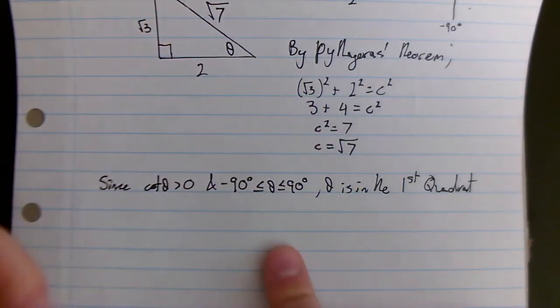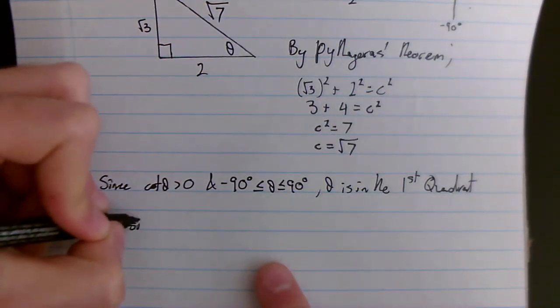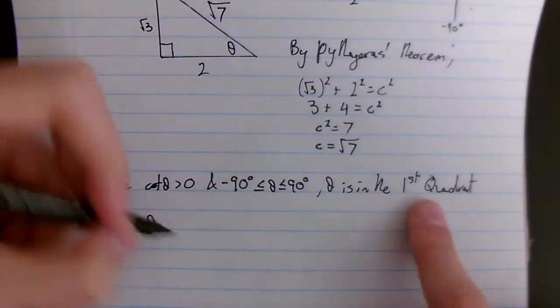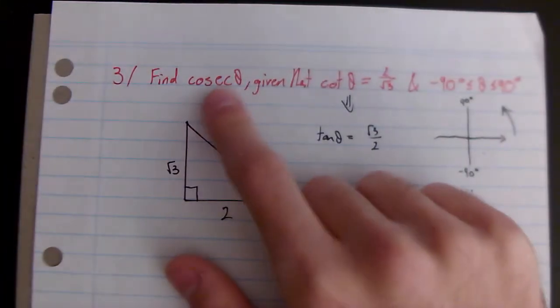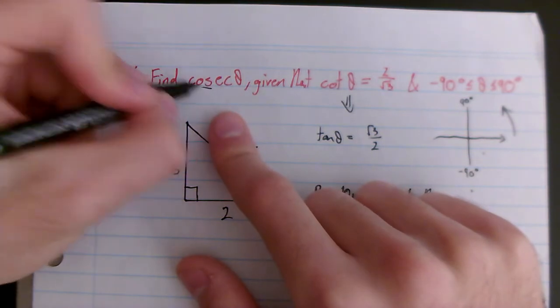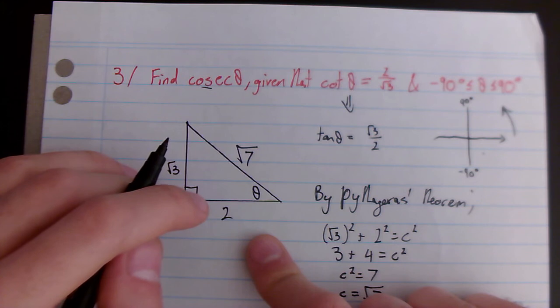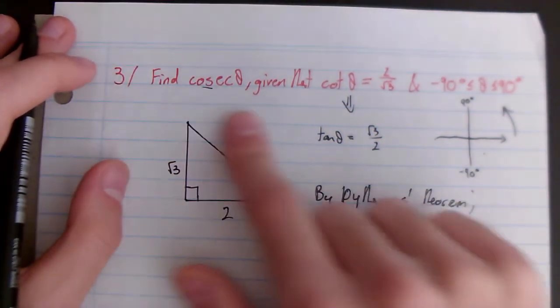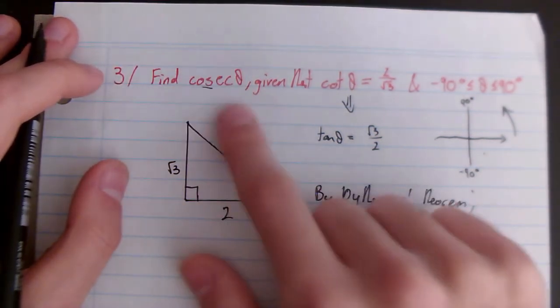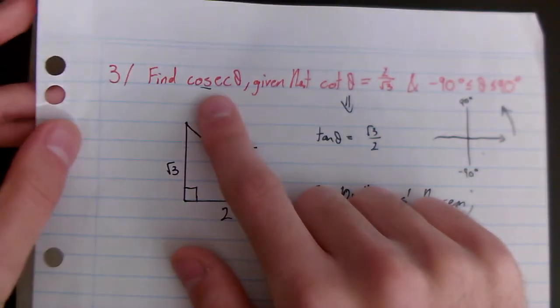Then we make the statement: therefore sine theta in the first quadrant is going to be greater than 0, because we need to find cosec theta, which is basically sine theta. Yet again, please visit the trig identities video I made if you are unfamiliar with why this relates to sine theta. It's not equal to sine theta, but it does relate to it quite heavily.